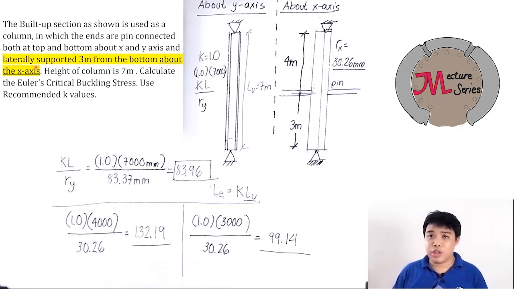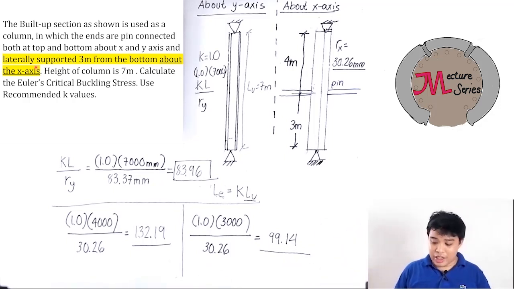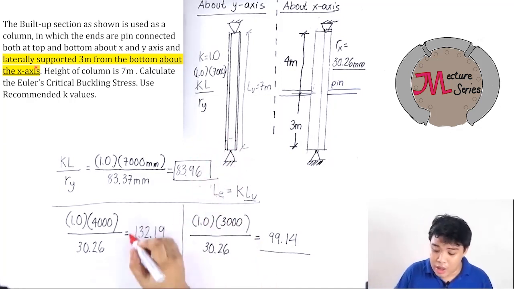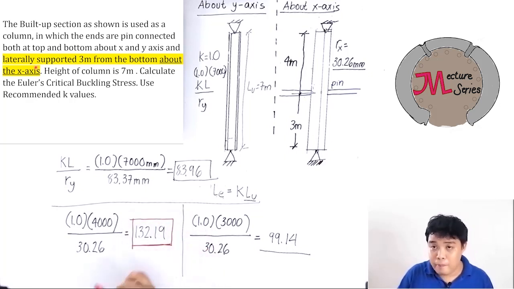And now, how to determine the critical slenderness ratio? The critical slenderness ratio is the greatest slenderness ratio we calculate on both of the planes of analysis, in which that is equal to 132.19.